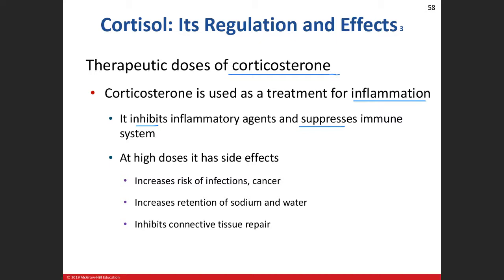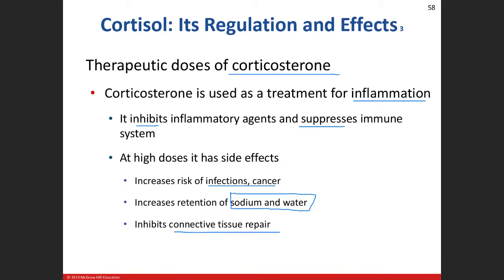Because it suppresses your immune system, you're more at risk for cancer and infections. You're also going to see increased retention of sodium and therefore water, so people look more puffy. Anxiety, they get more cranky. And this is important too, it inhibits connective tissue repair. So if you were to damage tissue, it's much more difficult to repair that tissue.